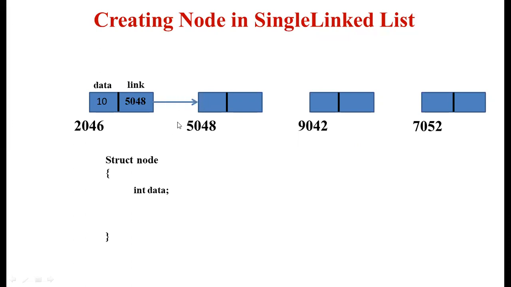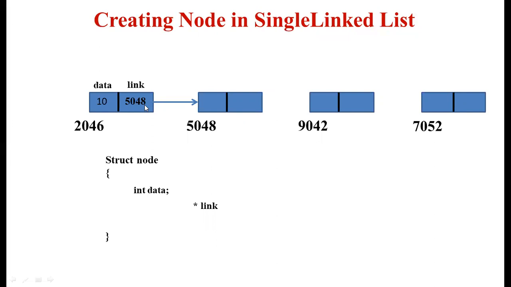So here it is the second one, which is a link pointer. Can anyone say what is the type of the link? We know that in pointers we have typed pointers and untyped pointers. Here typed pointers means a pointer which is pointing to a specific type of data.